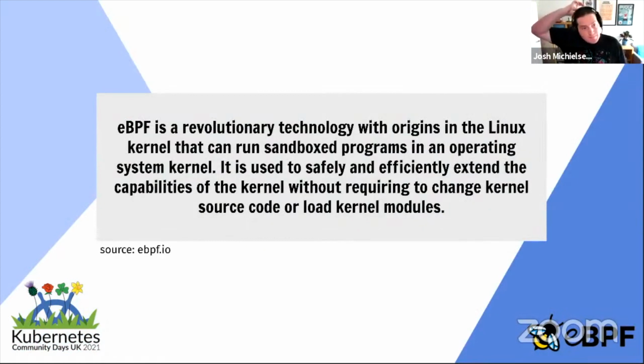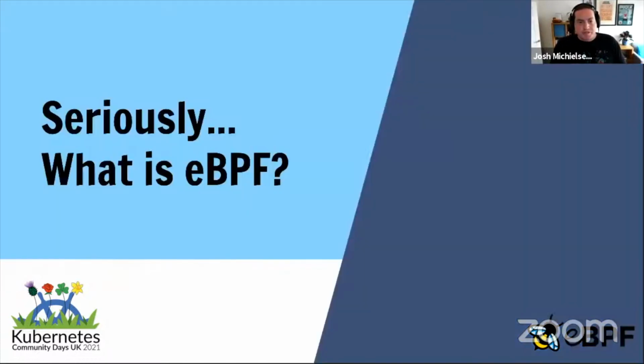Well, eBPF is a revolutionary technology with origins in the Linux kernel, blah, blah, blah. So obviously a very self-explanatory piece of technology, but it really begs the question, seriously, what is eBPF?